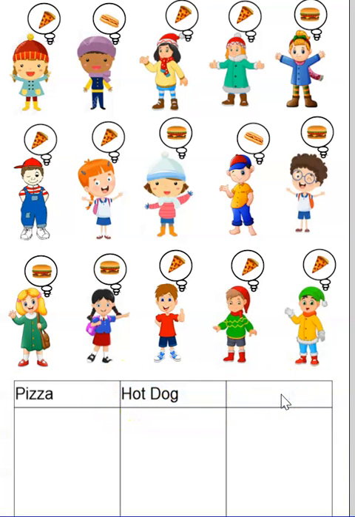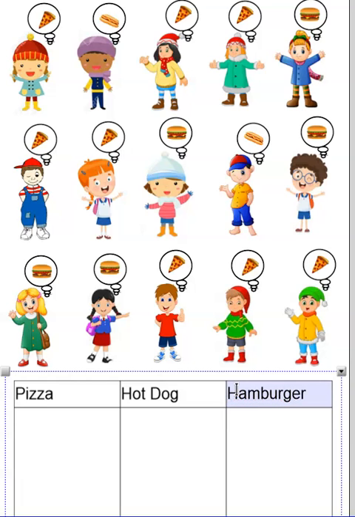Okay, what is another one? Another food that the boys and girls like. There's one more. Look closely. That's right. It's a hamburger. I'm going to type hamburger in our chart. That's going to help organize our data today.